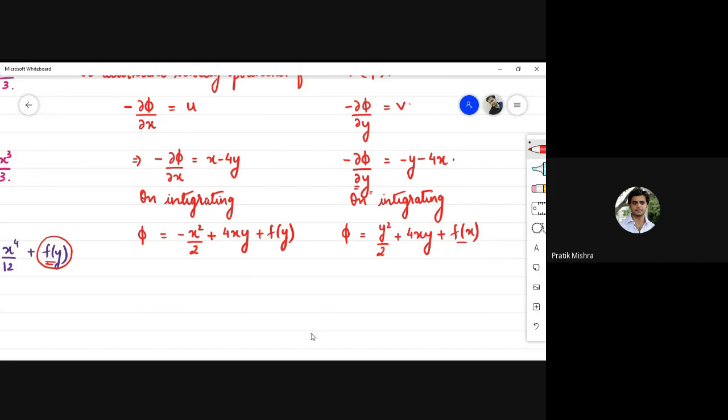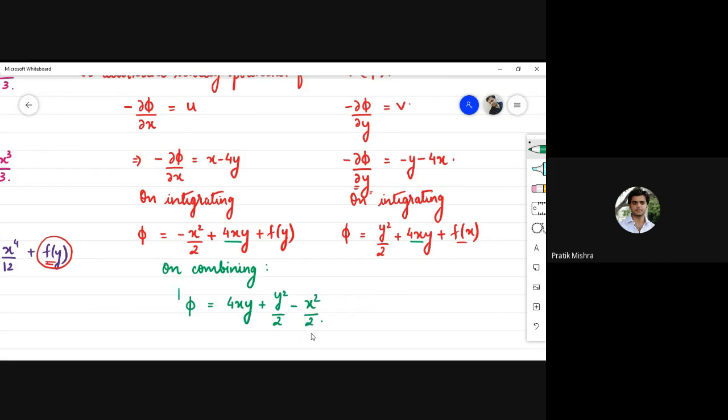अब यहाँ से in order to obtain the final expression of your velocity potential function you need to combine the above two expressions, और above two expressions को combine करने के लिए you need to first find out all the terms that are common in these two expressions. तो देखेंगे आप इन दो टर्म्स में जो फर्स्ट चीज कॉमन है दैट इज 4xy. तो on combining your phi comes out to be 4xy, that is a common term, और उसके बाद जो भी टर्म बची हुई है उसको आप लिख दीजिए प्लस y स्क्वायर बाय 2 माइनस x स्क्वायर बाय 2.